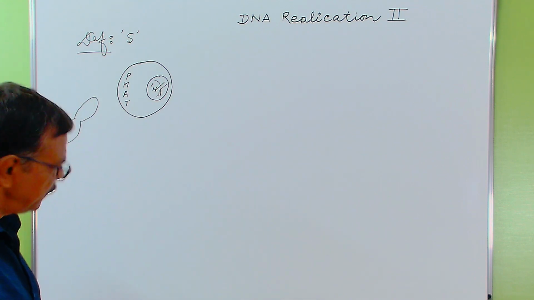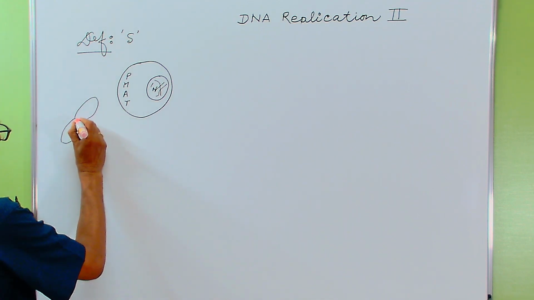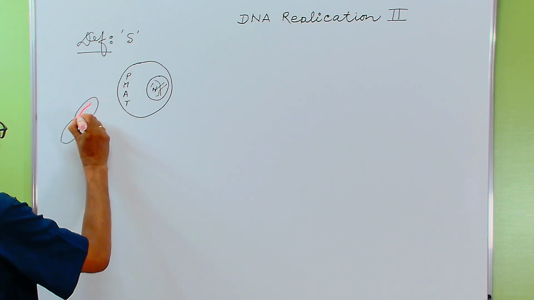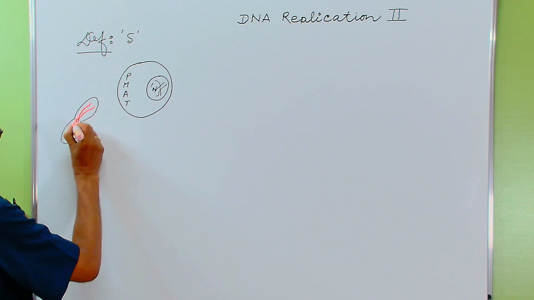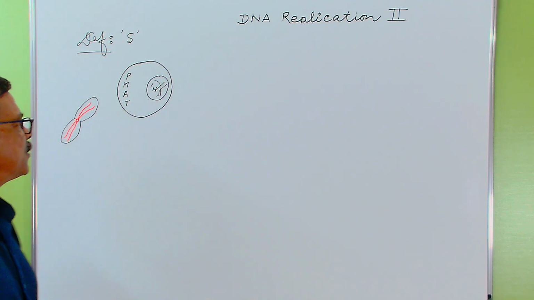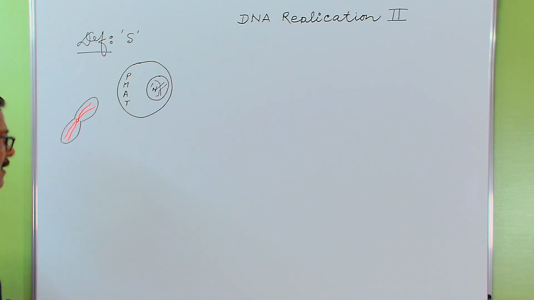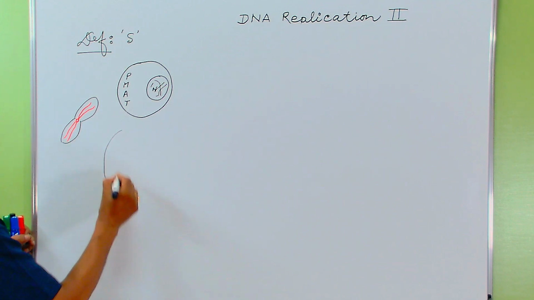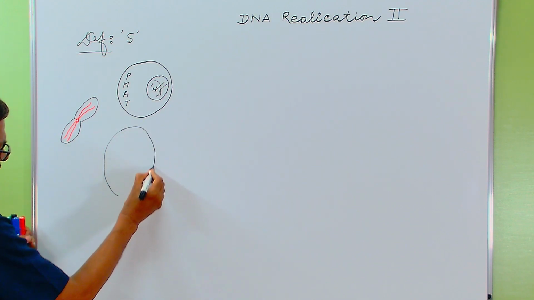In the chromosome, we have seen there is a centromere and there are two chromatids. I explained this in my earlier episode on mitosis.